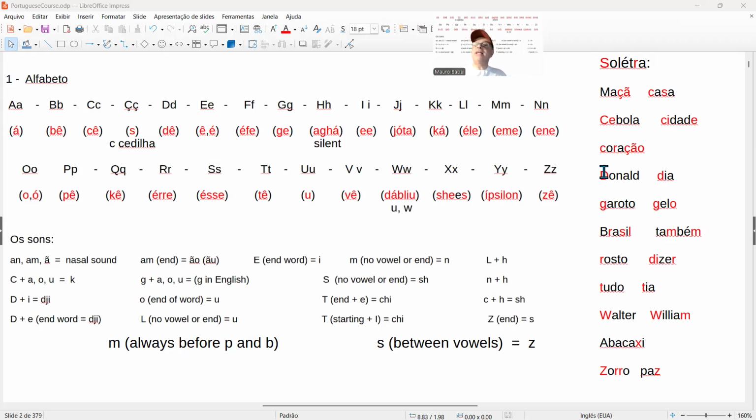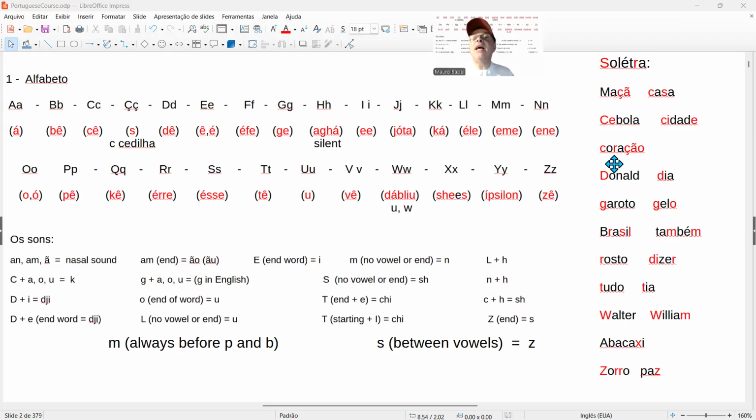All right? C again. C plus O. The sound is K. Ko. Attention. The R is not in the beginning of the word or in the end of the word, so it doesn't have an H sound.